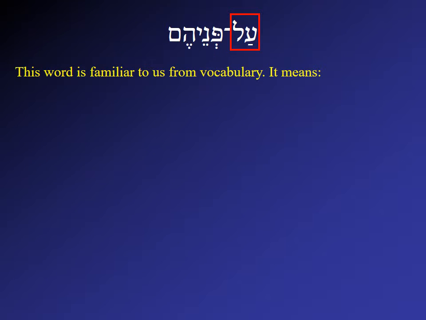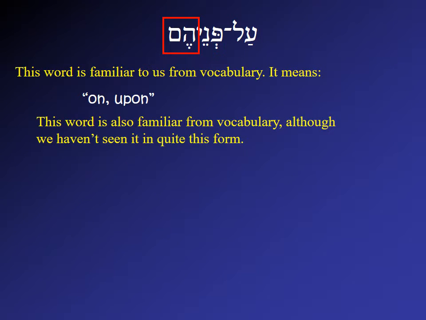So, vayipalu, then our final phrase, al pneihem. Our first word is al, which we have known from vocabulary. It's our preposition meaning on or upon. Now, hem also looks familiar to us from vocabulary, although we haven't seen it in this form.